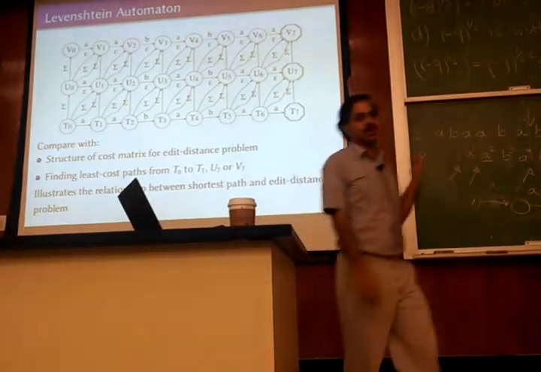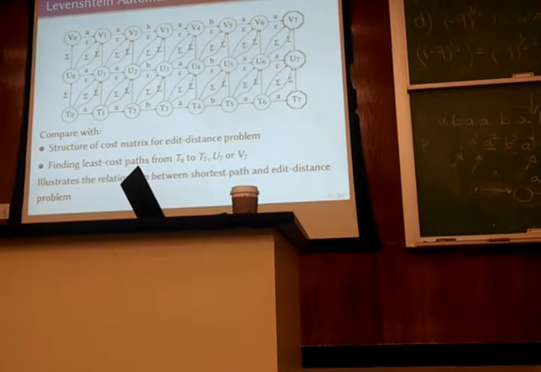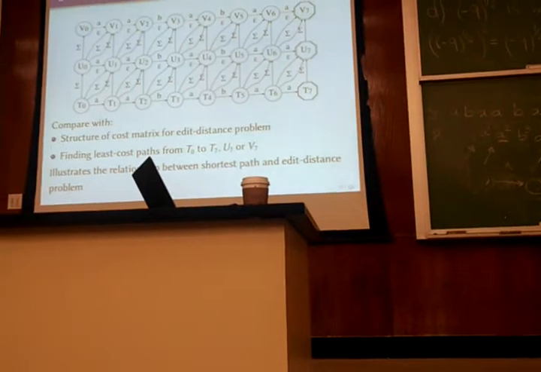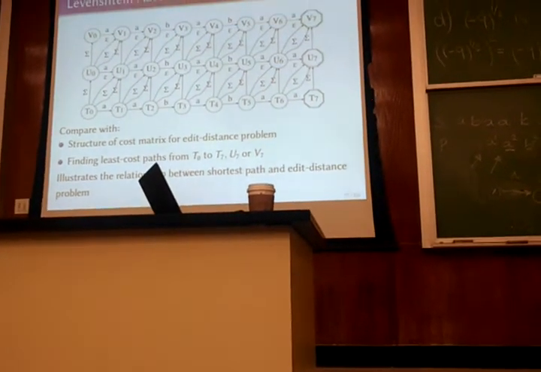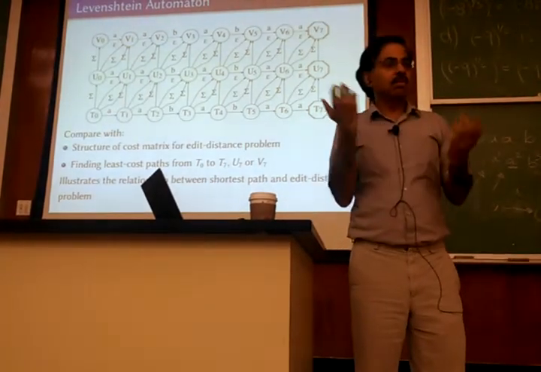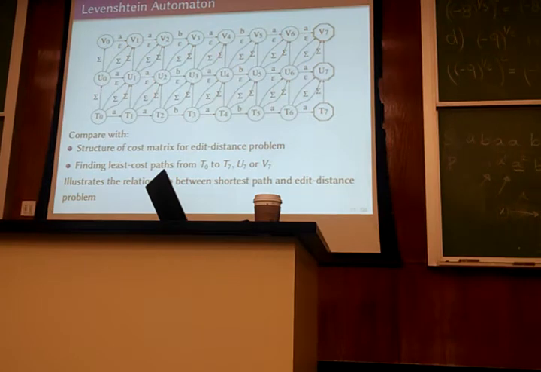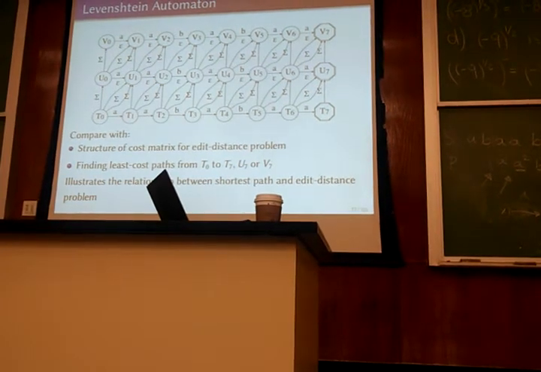So one way to use this automaton is to transform it into a DFA, which of course will make it large, right? If you don't want to do that, the other alternative is to directly simulate the NFA, which we talked about.